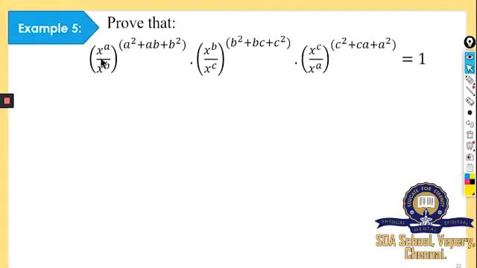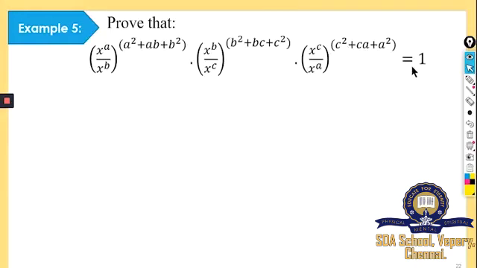Prove that x power a divided by x power b, to the power a square plus ab plus b square, into x power b divided by x power c, to the power b square plus bc plus c square, into x power c by x power a, to the power c square plus ca plus a square, equals 1.